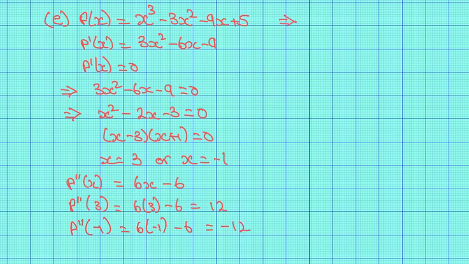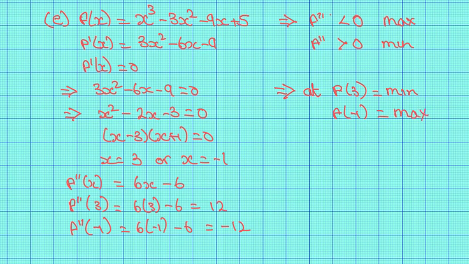Therefore, when the second derivative is less than 0, we have a maximum. When f double dash is greater than 0, we have a minimum. Therefore, at f3, we have a minimum, at f minus 1, we have a maximum.